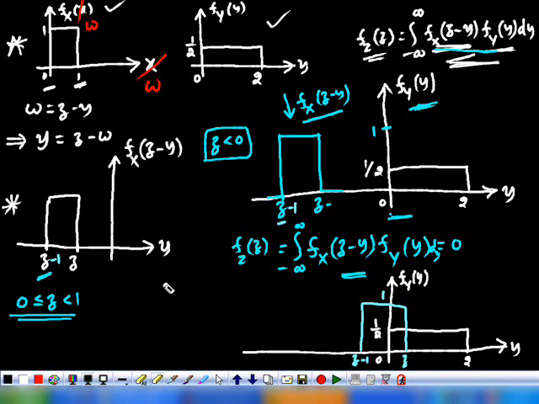Otherwise, it is same. Z is greater than z minus 1. As we normally move from left to right in the increasing order, lower value first and then higher value. That's why I wrote z minus 1 first and then z. Okay, they are in the order.